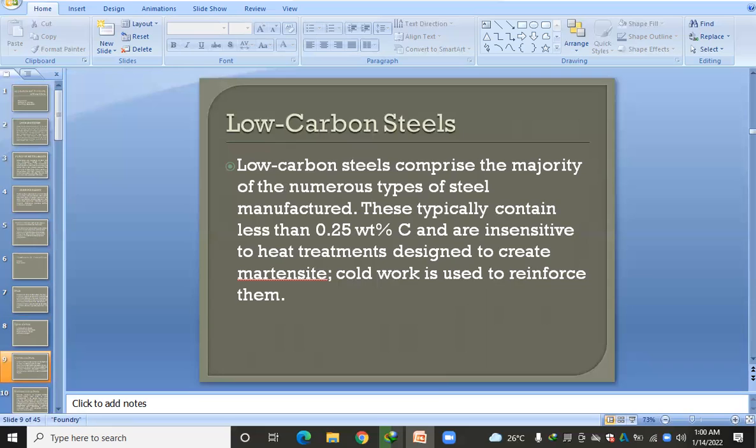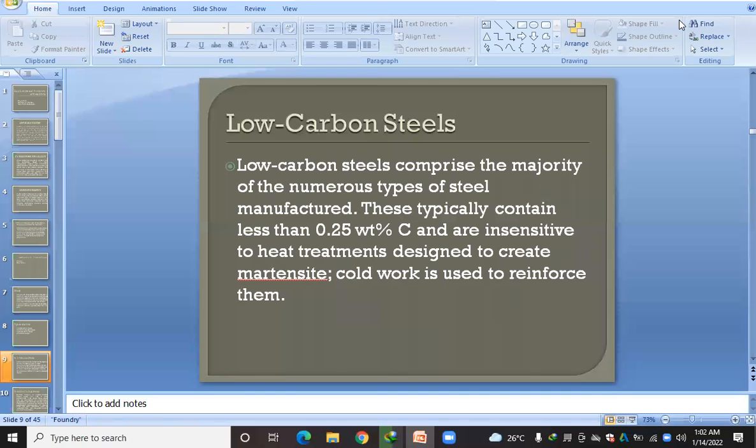Martensite is a hard form of steel crystalline structure. It is named after German metallurgist Adolf Martens. These are the commonly known examples of low carbon steels.